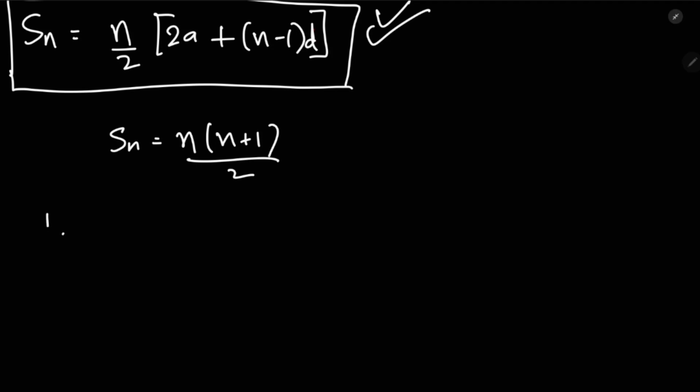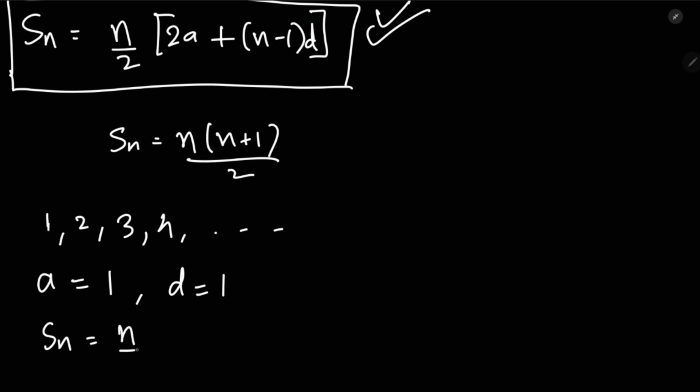So natural numbers are basically, you start with 1 and you have 1, 2, 3, 4 and so on. So this is again an arithmetic progression with first term a as 1 and the difference d also 1. So Sn will be n by 2, 2 times a, so 2 into 1, plus n minus 1 times d, which is 1 again.